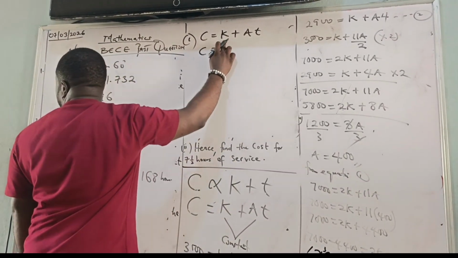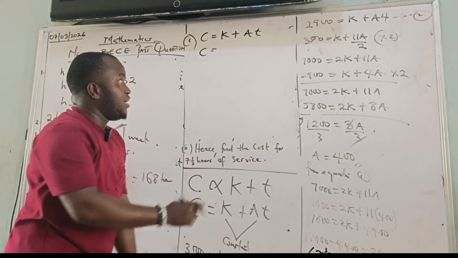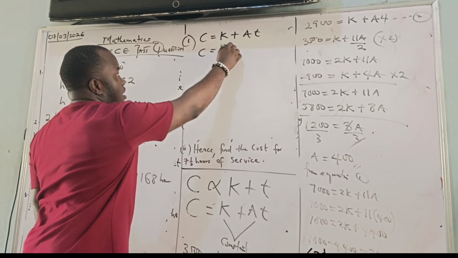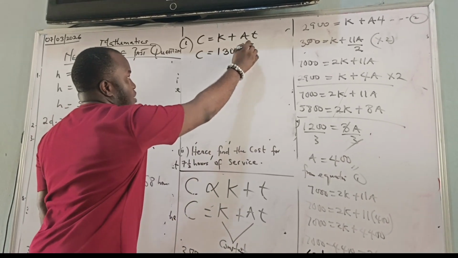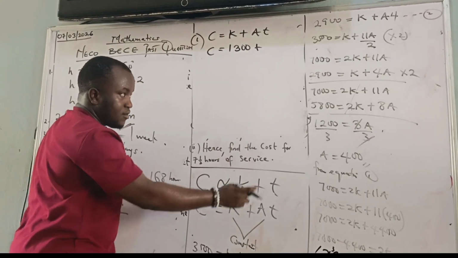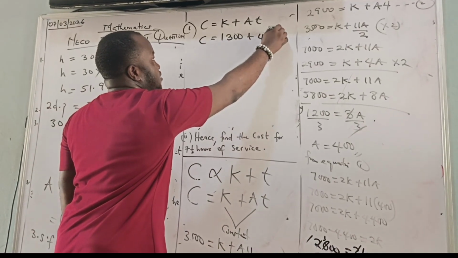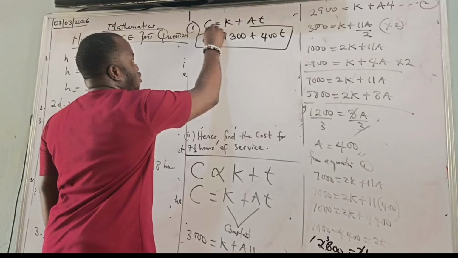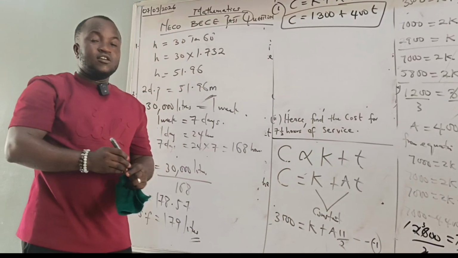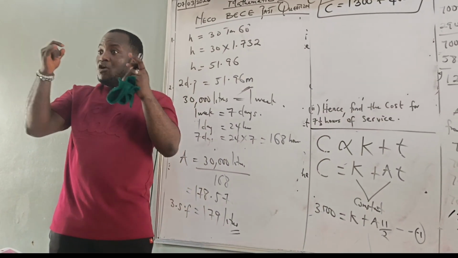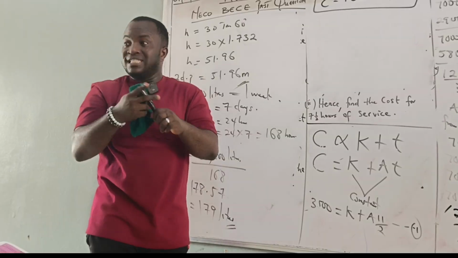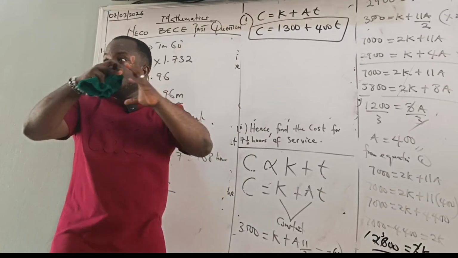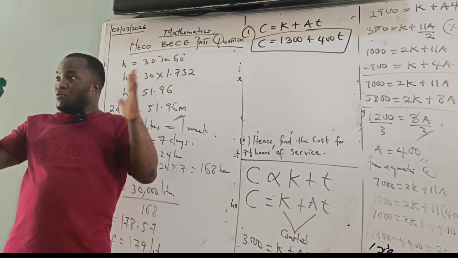C equals, k is 1,300, plus a is 400, so 400t. This is the equation connecting C and t. So that's the first question. You must get the two constants, and when you get them, you substitute them inside this place to get the equation connecting both of them.